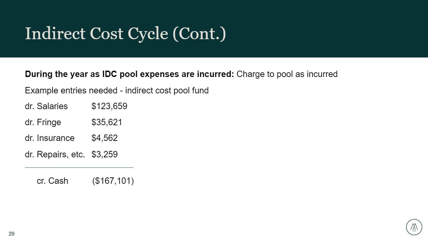As we pay cash for those expenses, the charges will be recorded in the indirect cost pool fund. Examples of those expenses could be salary, fringe benefits, insurance, repairs, or other expenditures.